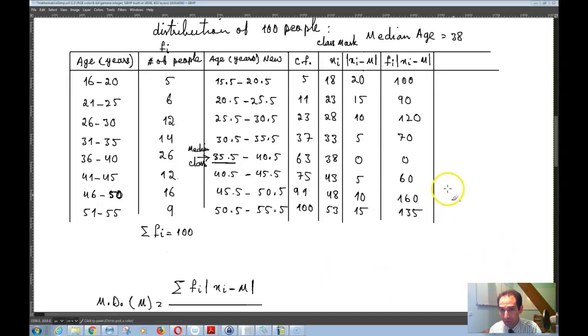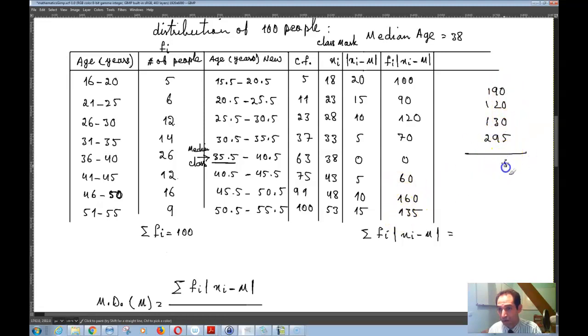So then sigma f of i times the absolute value of x of i minus m is equal to basically 190 plus 120, that's 310, and that's 295.